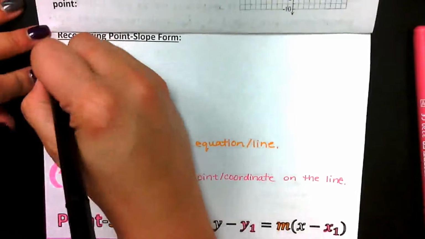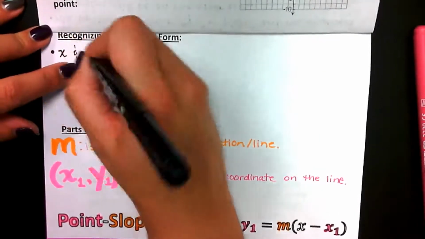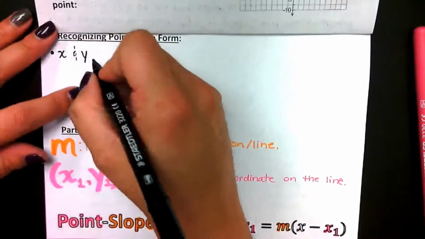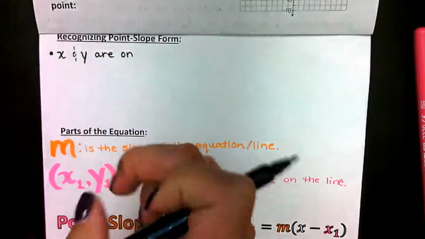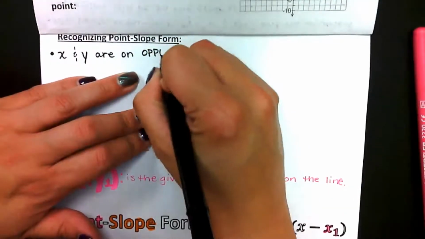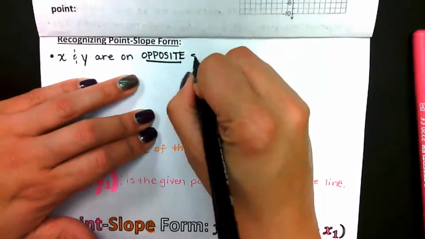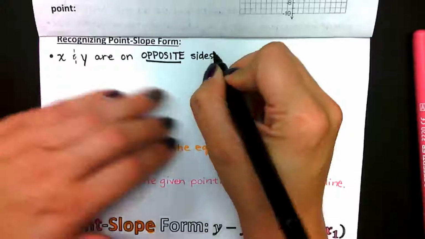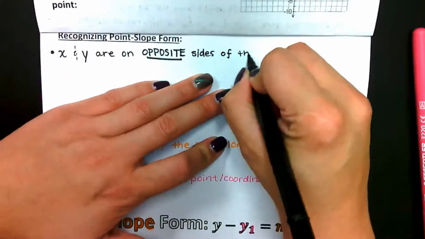First and foremost, x and y. This is a main one. x and y are on opposite sides of the equal sign, to be more specific.